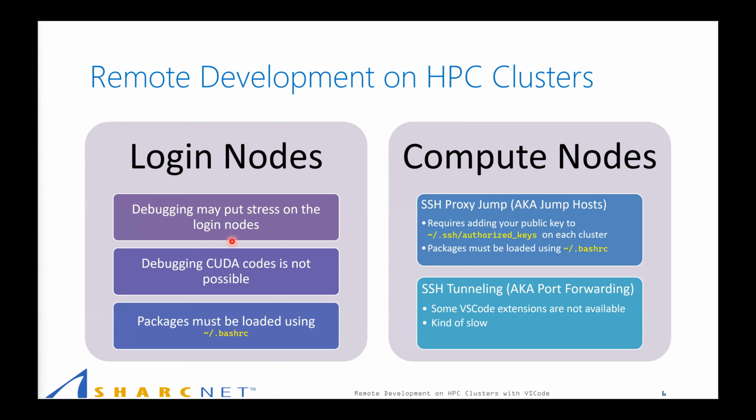For example, while working on login nodes has minimal setup and is kind of convenient, it's not a good candidate for debugging. And you can't do any debugging on, for example, GPU. We are going to explore all these 3 methods today and see their pros and cons in action.